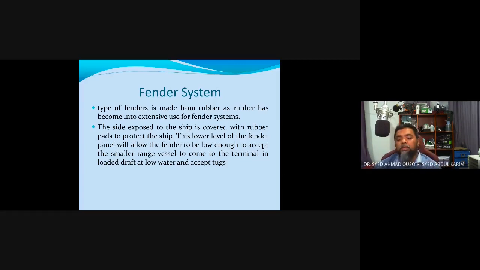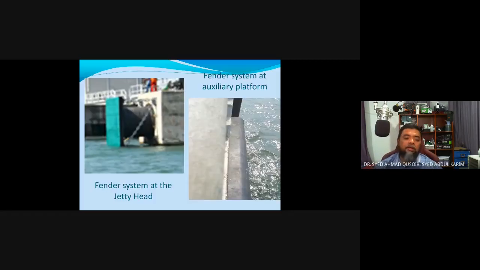When the ship comes close to the jetty, there must be an absorber to absorb the impact of the side of the ship from the process of mooring, like a bumper system. So that is what the fender is all about.